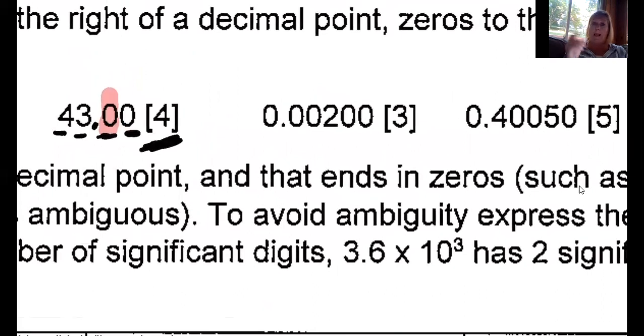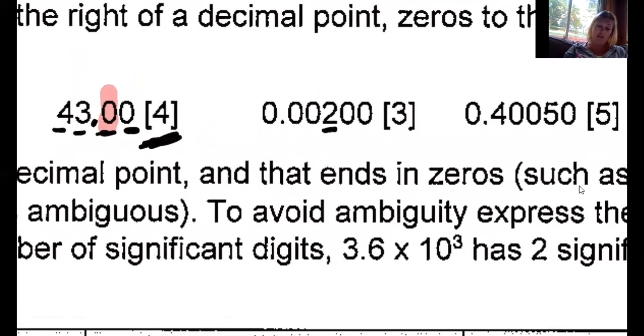Next one. We know that 2 is significant. What about these zeros right here? Are those significant? The answer is no, they are not significant. There's a decimal, but are they the last numbers? No, they're not the last numbers, so they're just placeholders, so they don't count. What about these?